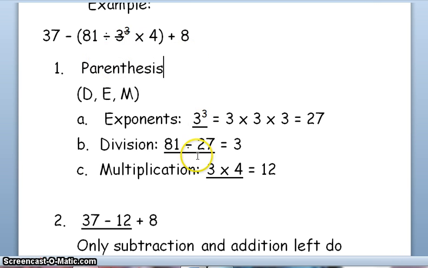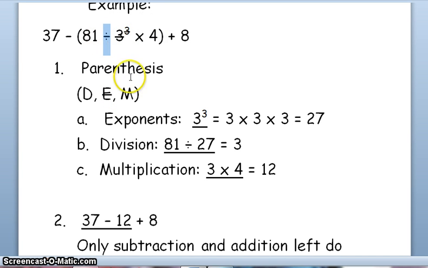So the 27 would be up here in the place of the 3 cubed, not 3 squared, sorry. The exponent would be taken care of at this point because we just did it right here. And the next math operation inside the parentheses is between division and multiplication. Well, if you look inside the parentheses, division is first.